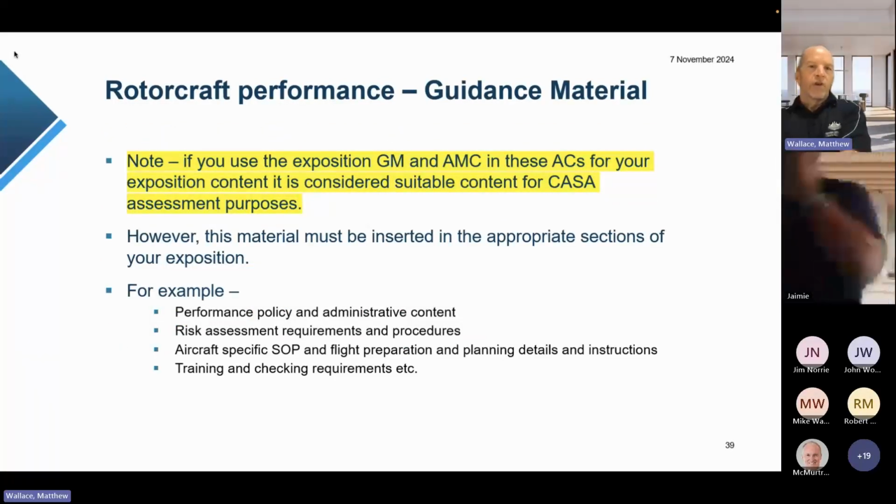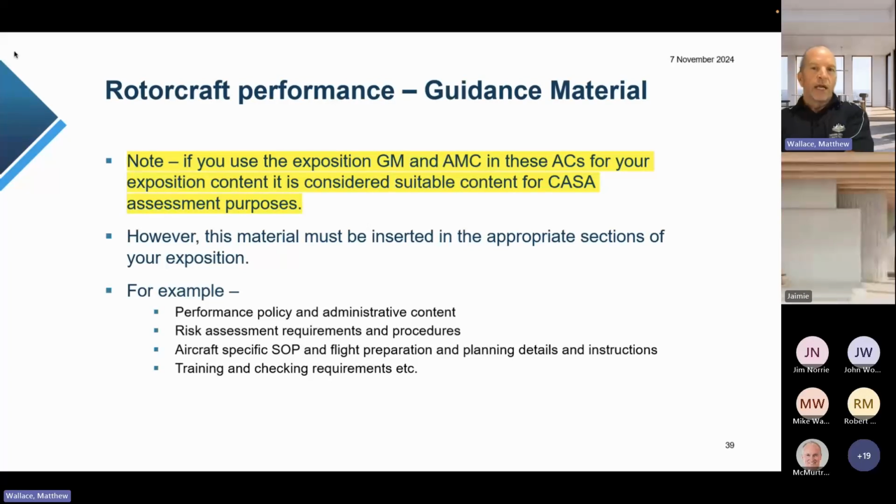And again, if you use the exposition guidance material and AMC in these ACs, just make sure it is considered suitable. However, you need to ensure it's in the appropriate section of the operations manual. The examples there are performance risk assessment, aircraft specific SOPs, and training and checking requirements.